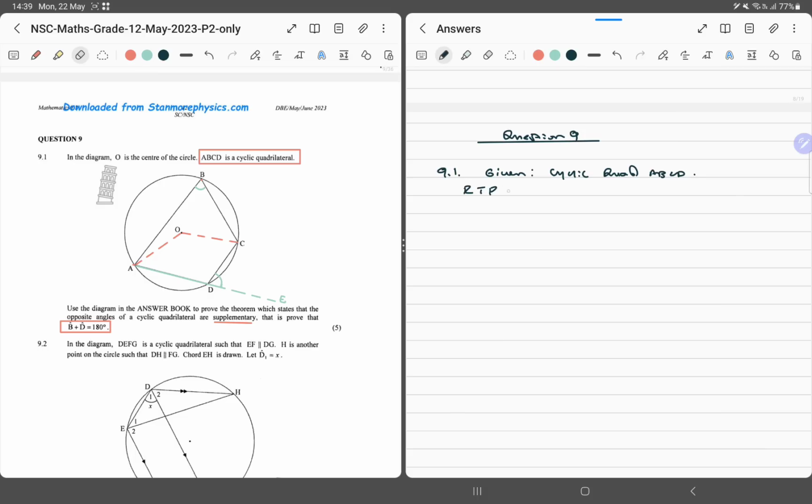We are required to prove that B plus D is equal to 180. And then what is the construction that we must perform? Like I said, you've got two options. We can just say draw OA and OC, or say radii OA and OC. Easy stuff, ne? That's all the construction you need.